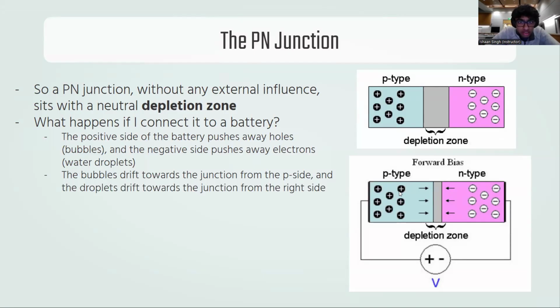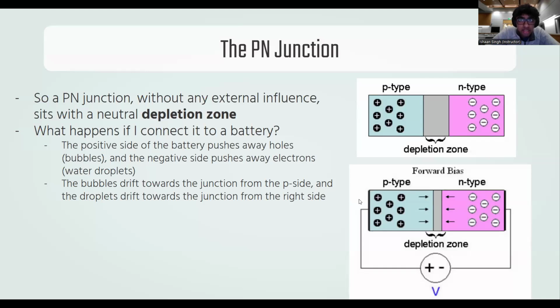Now remember, on this side, the holes drift towards the junction from the P side. So inside this depletion zone, the charge carriers are fixed in place. They're nailed to the table. When we apply this positive voltage, we push the holes into the depletion zone.